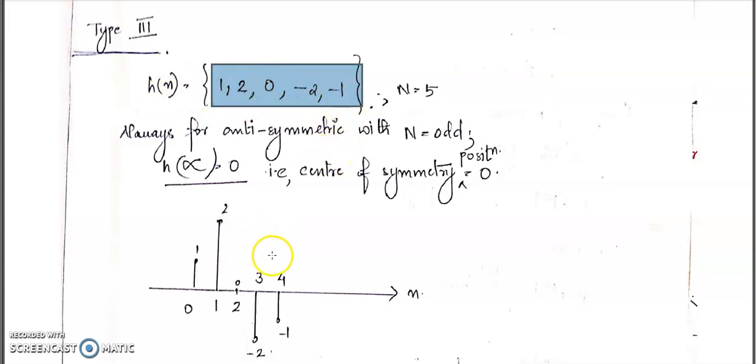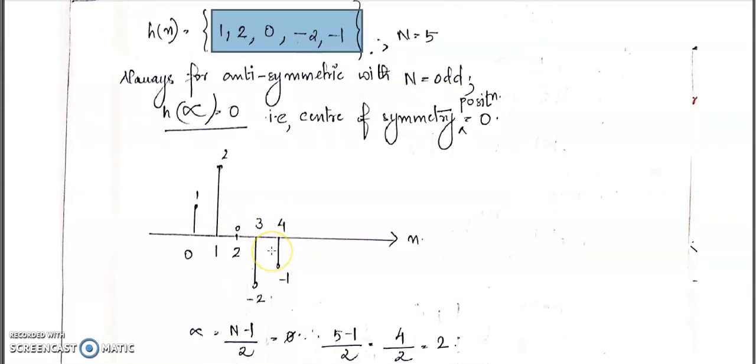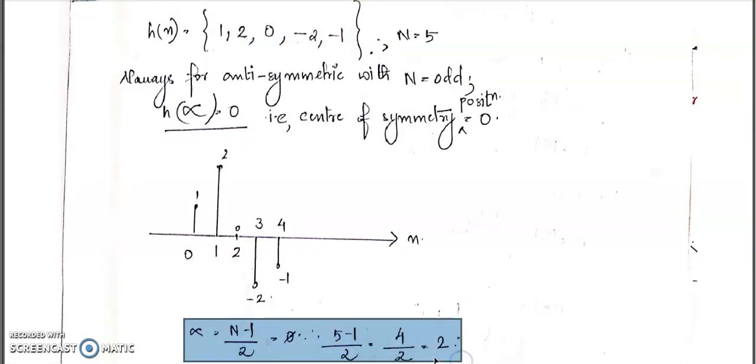If we plot the impulse response, it is clear that with respect to alpha, substituting n equal to 5, you will get 2. With respect to alpha, this plot, that is the impulse response, is anti-symmetric.